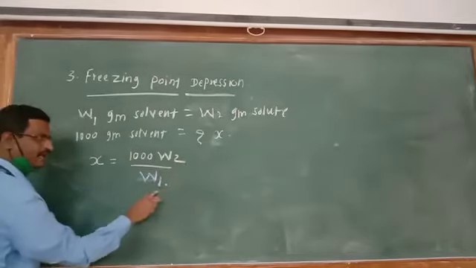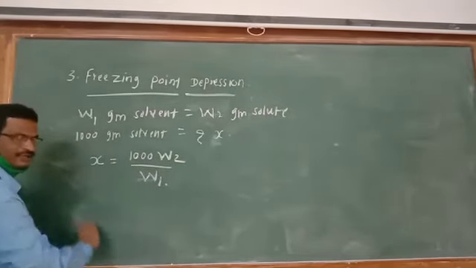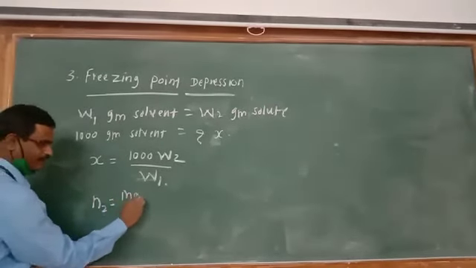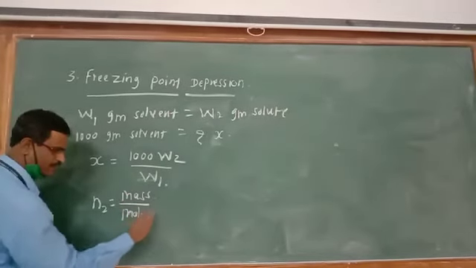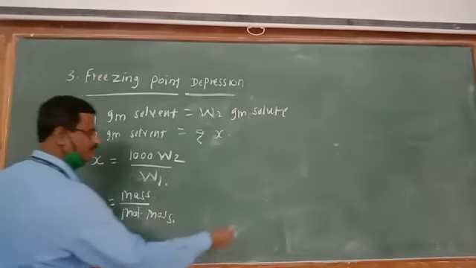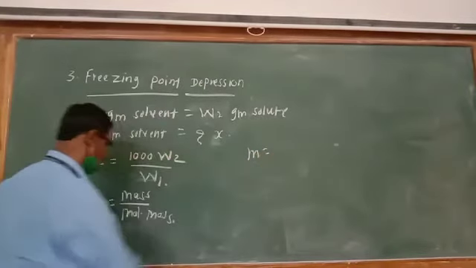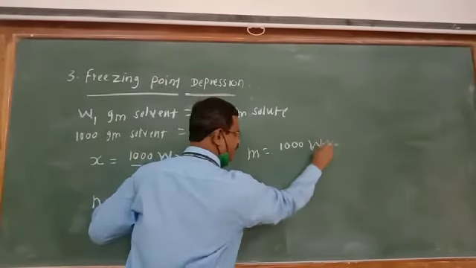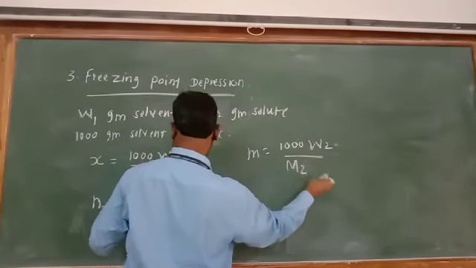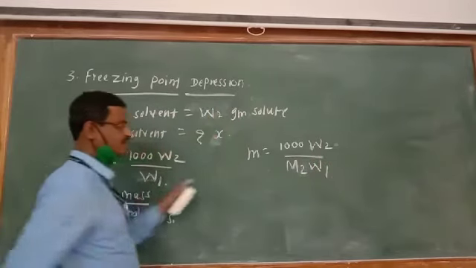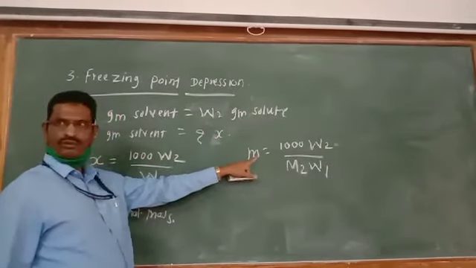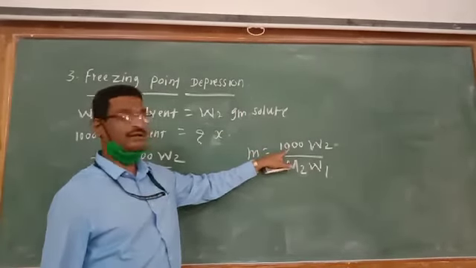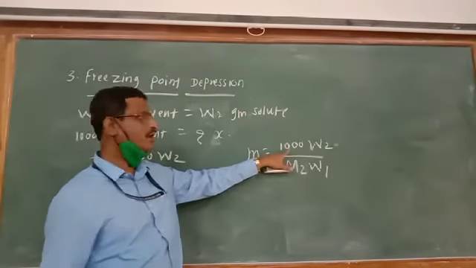And if mass is divided by the molar mass, we will get the number of moles. So n2, number of moles of solute, is the mass of solute divided by molar mass M2, the molar mass of solute we are using. That is termed as molality. So this is nothing but molality, 1000 W2 divided by M2 into W1. This is known as molality because molality is the ratio of number of moles of solute present per 1000 gram of solvent, that is 1 kilogram of the solvent.